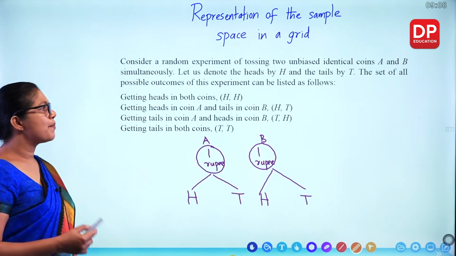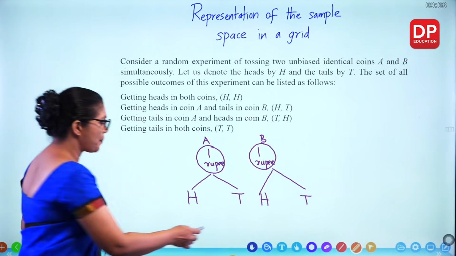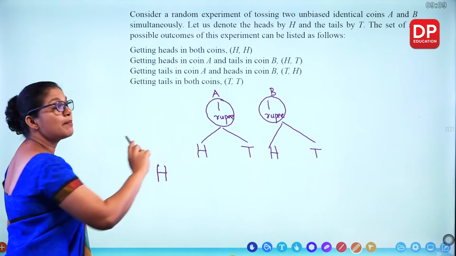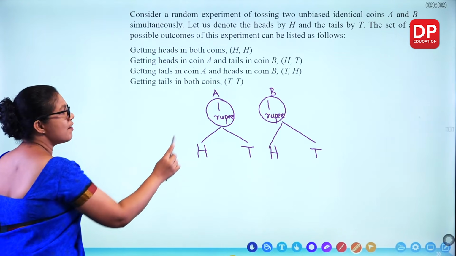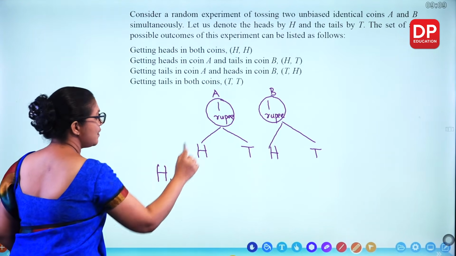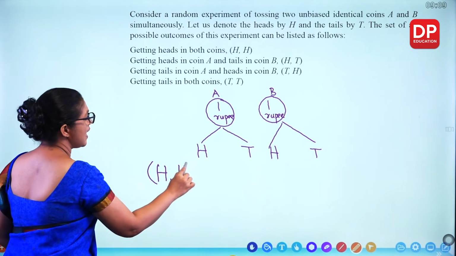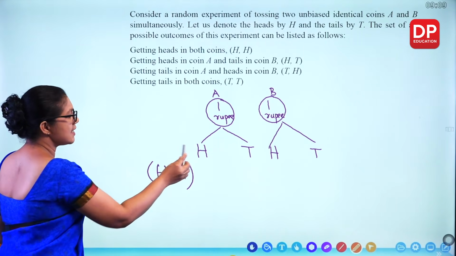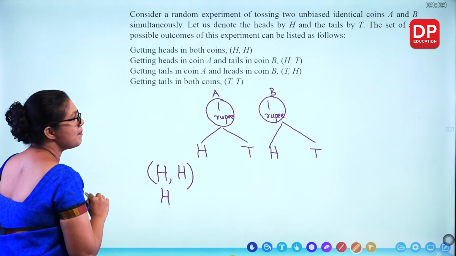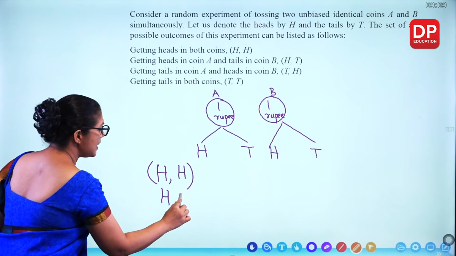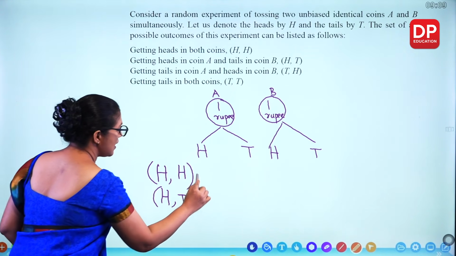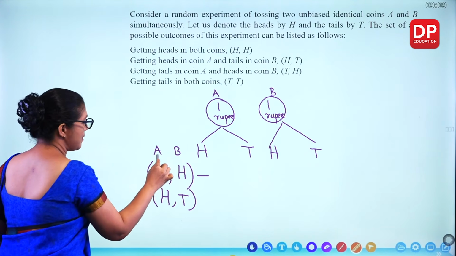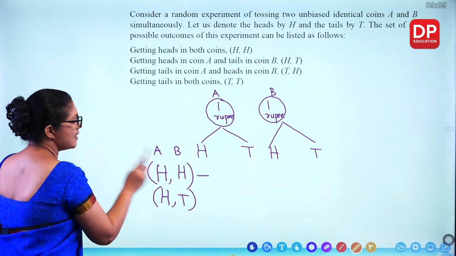So how can we represent this in a diagram? Now what are the outcomes we can get? When you consider both coins, you can get head from A and head from B. So that's HH possibility. Or you can get heads in A with tail in B. So if this first one is A, the second one is B. This means first head, second head.